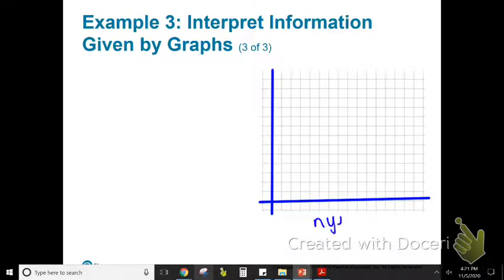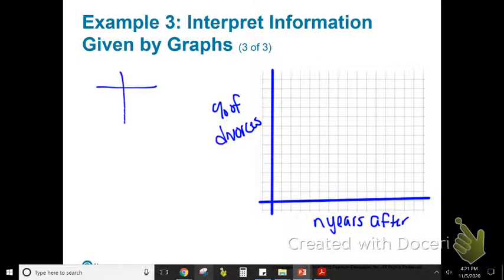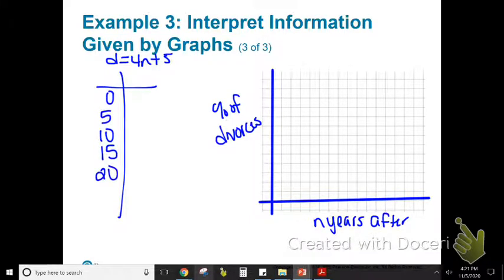So this is the years after marriage, and this is the divorce percentage. Alright, so we have the equation D is equal to 4n plus 5. So let's pick 0, 5, 10, we gotta have 15 because that's the one we just did, and 20.